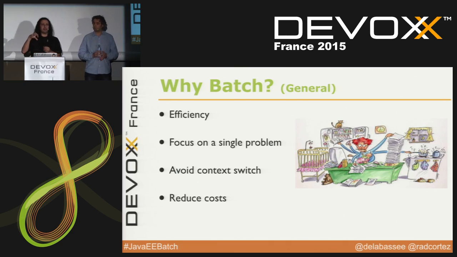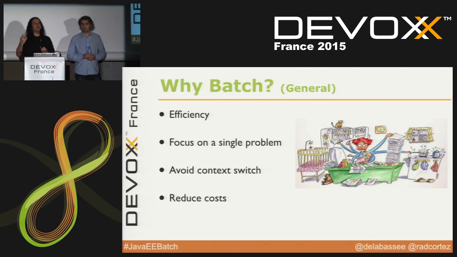We also focus on a single problem. Remember when I told you that we're not sharing resources, so we focus on that particular problem, and we can figure out a way to do things more efficiently when focusing only on batch processing.